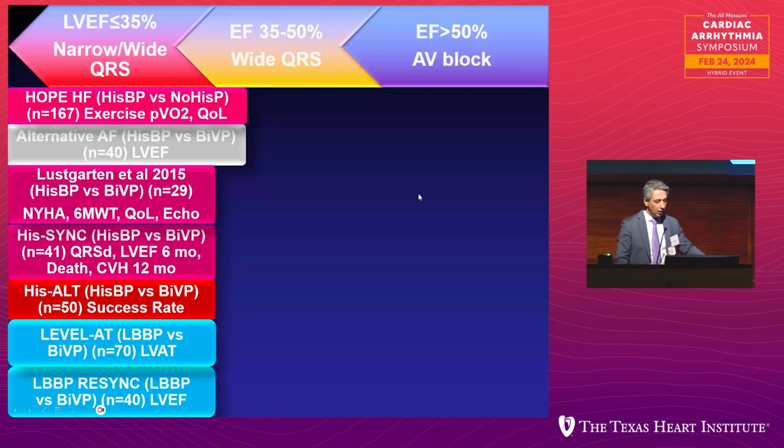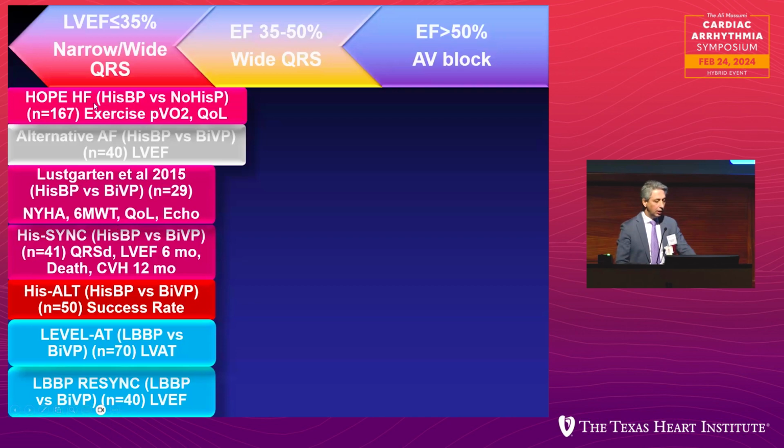So what's the evidence for conduction system pacing? There are about seven randomized clinical trials. Unfortunately, they're all underpowered, with short follow-up and usually surrogate endpoints.